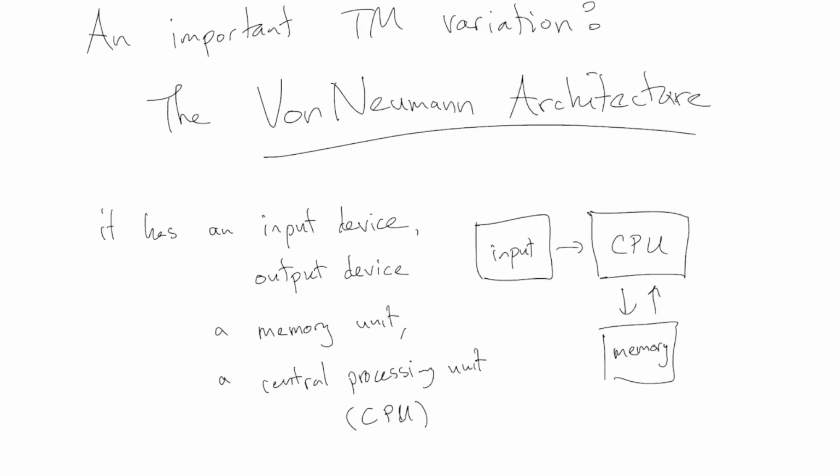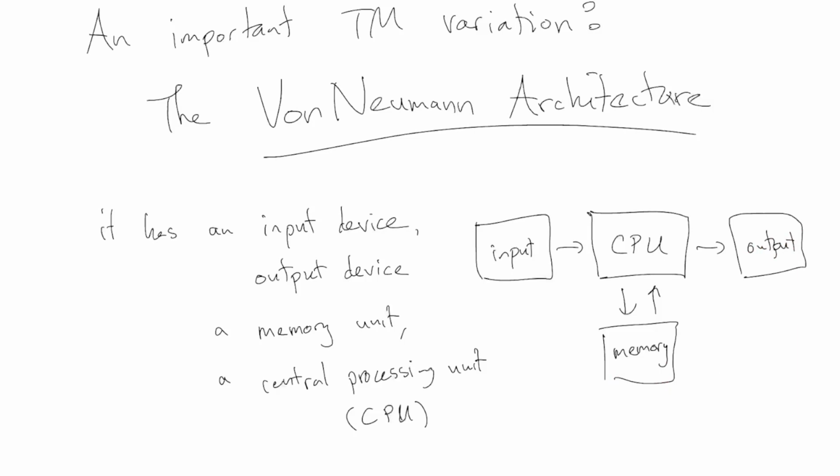Then the CPU does a bunch of stuff using the memory unit, and eventually spits out an answer to the output. This is called the von Neumann architecture. It is basically like a Turing machine with segregated tapes. You could imagine the input is a tape, the memory is another tape which you can read and write from, and the output is another tape which only gets written. You don't read back from the output.